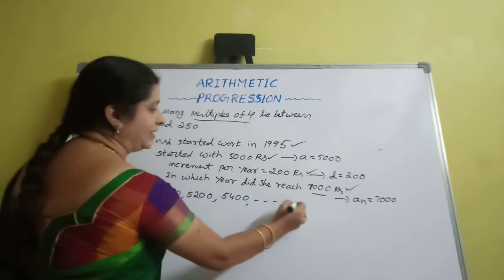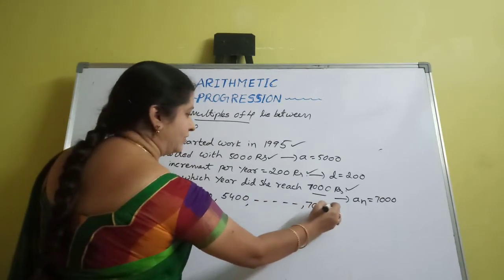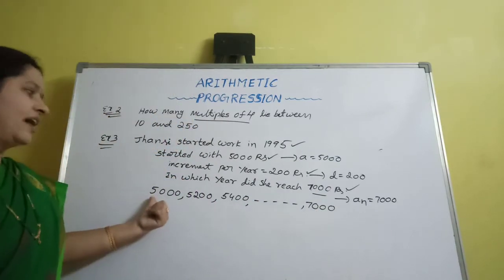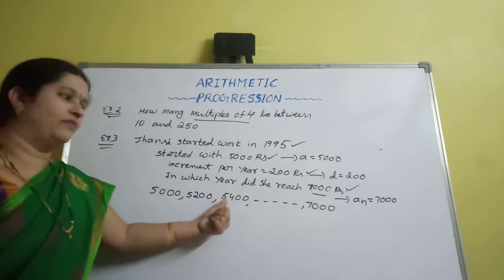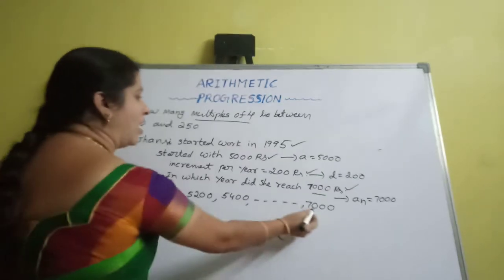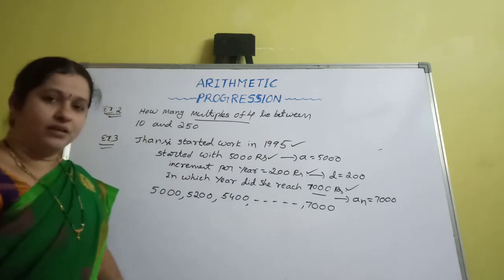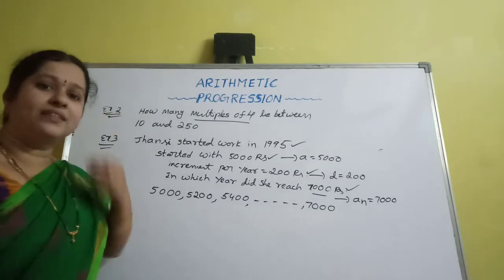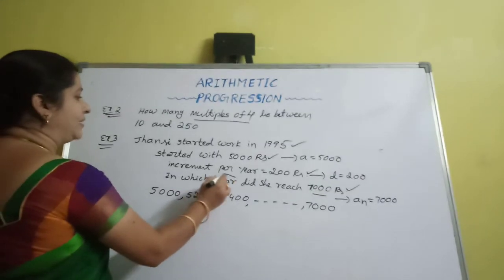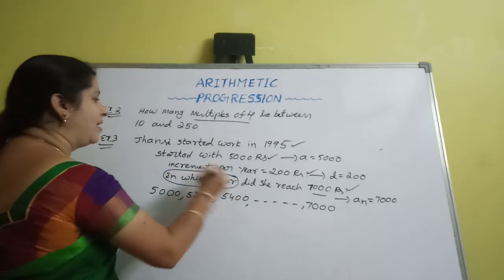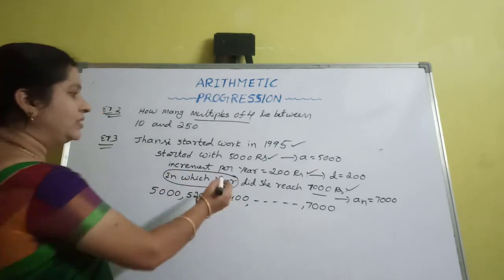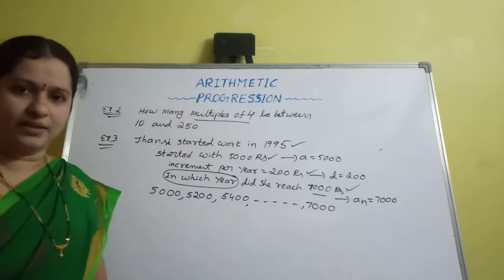So the series is like this: first term 5,000, 5,200, 5,400, the last term 7,000. So what you have to find in the question is in which year.